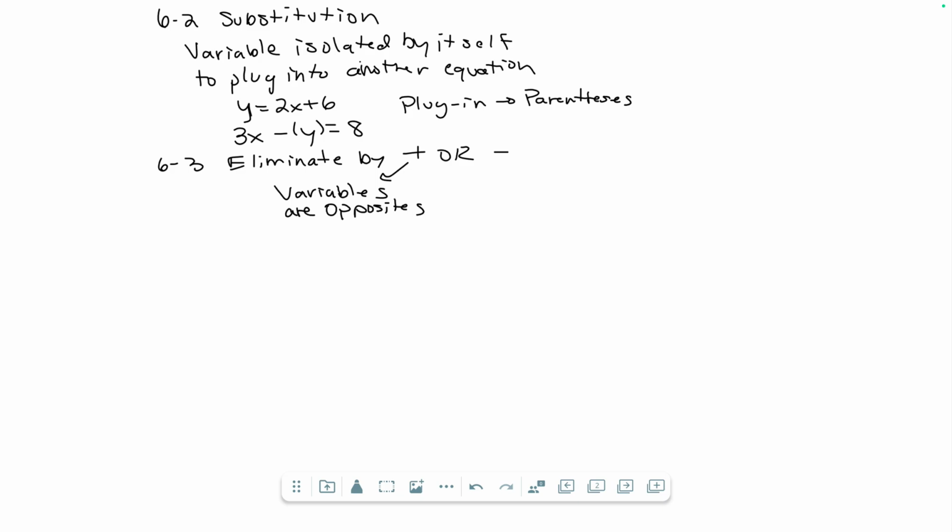Now, when I say variables, I am talking about the coefficients. Okay? If the coefficients are opposites, we add. If they're the same, we subtract. Okay. Variables are the same. Okay.